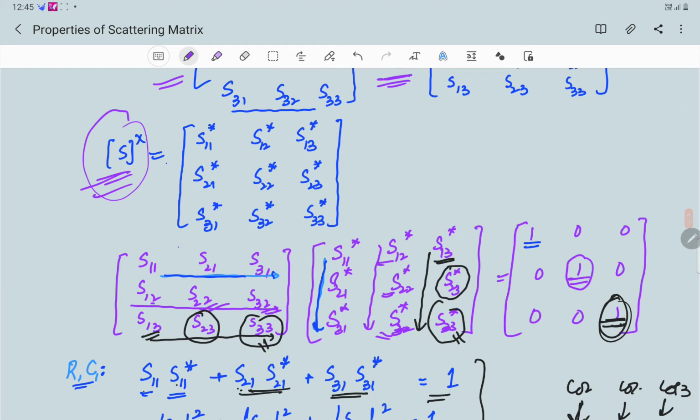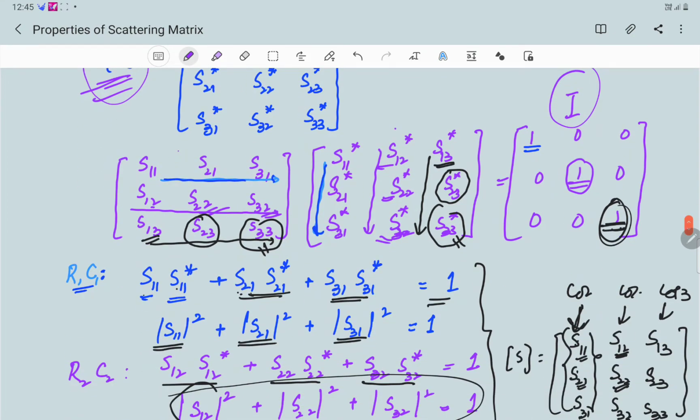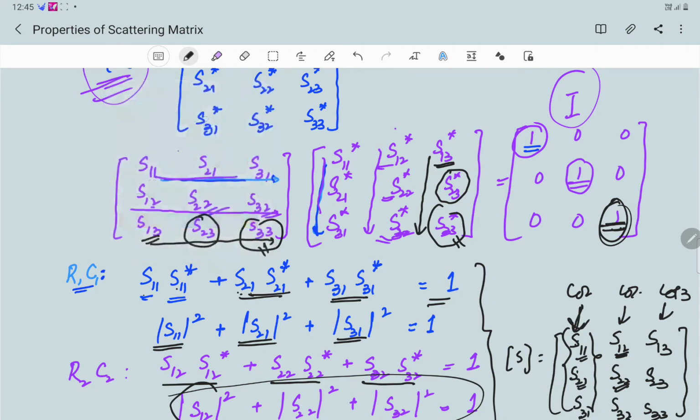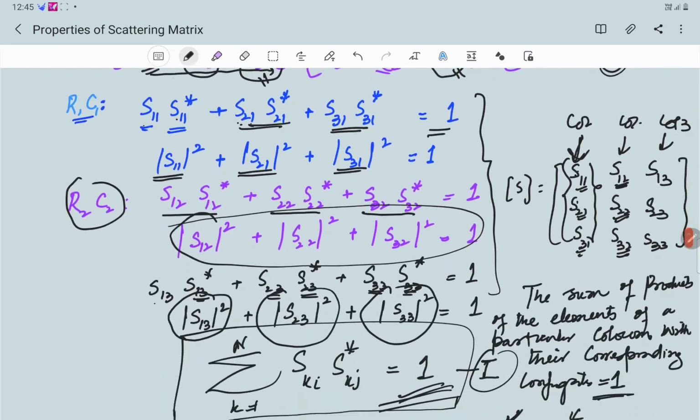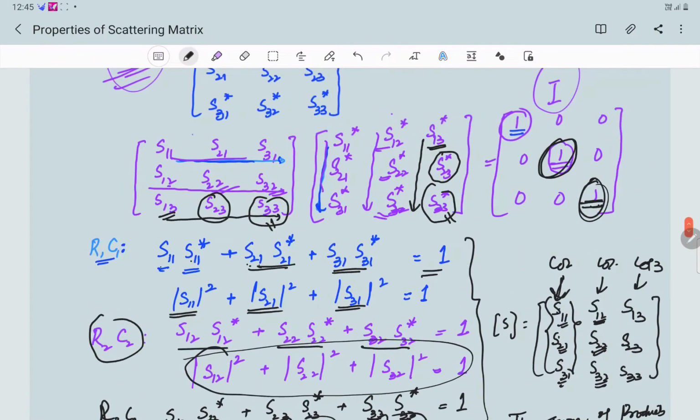S transpose into S conjugate is a unit matrix I. In the first case, I multiplied row 1 with column 1 to get this diagonal element, and then row 2 with column 2 to get the second diagonal element, and then row 3 with column 3 to get the third diagonal element.